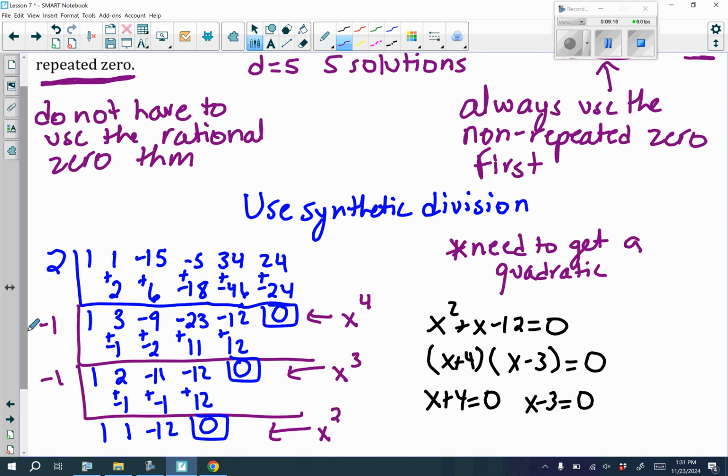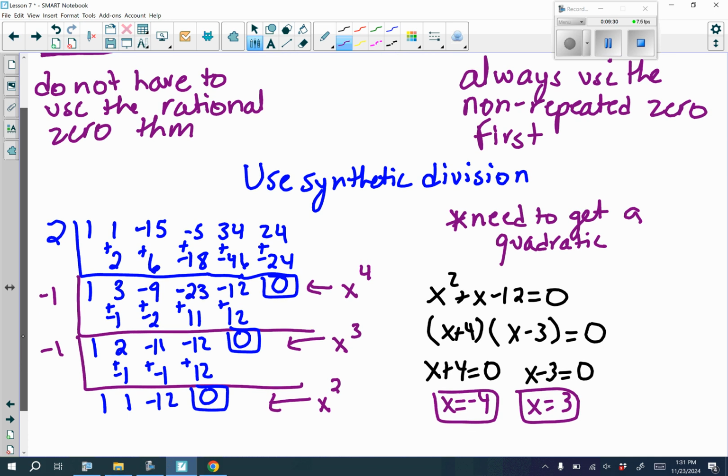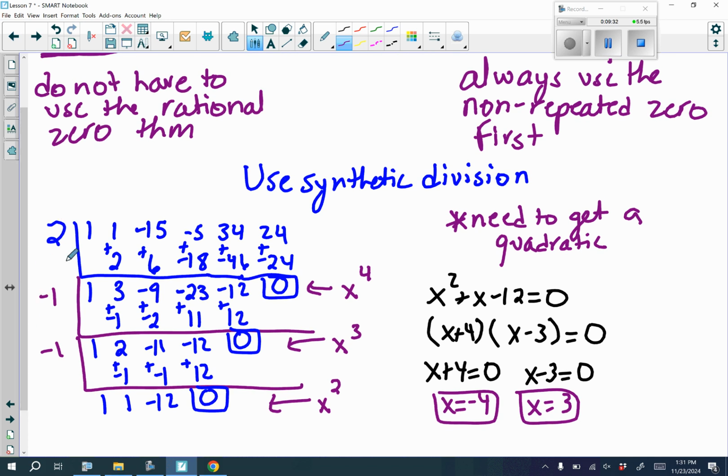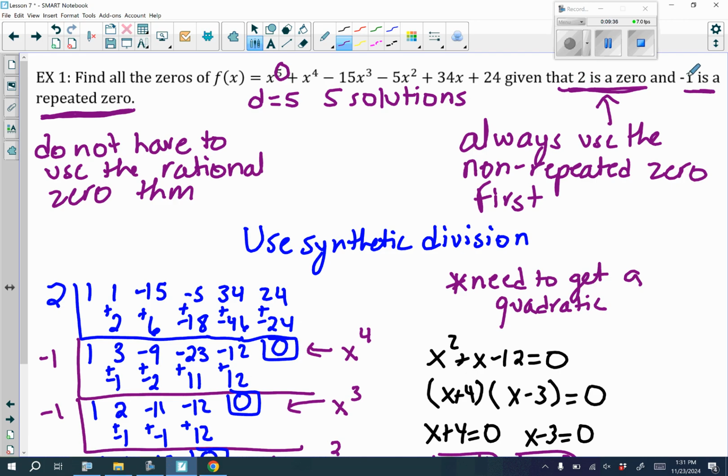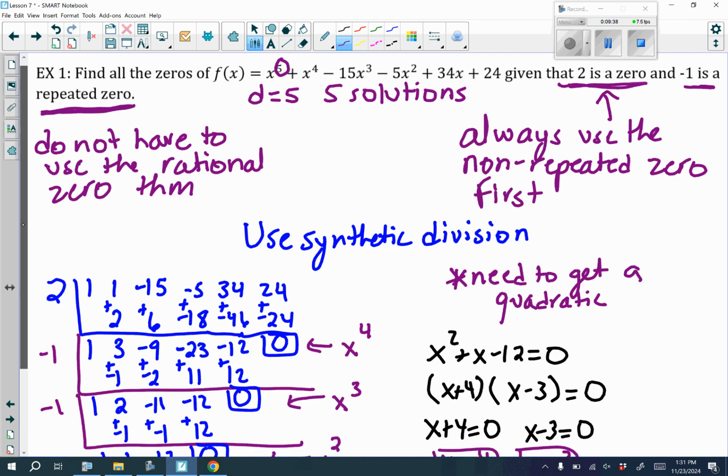So here, writing out our solutions, we get x equals -4, that's one solution. We get x equals 3. So that's 2 solutions, we need 3 more. Now we write the 3 solutions they gave to us. That comes from where we used the synthetic division, or if you want to go back up here where they said 2 and -1 are zeros.